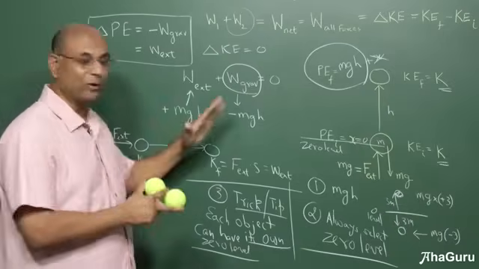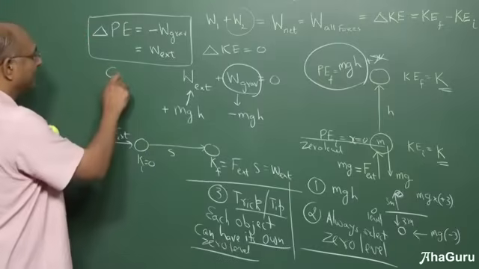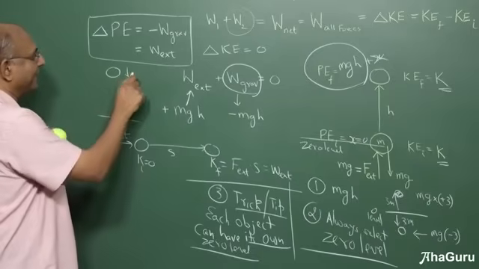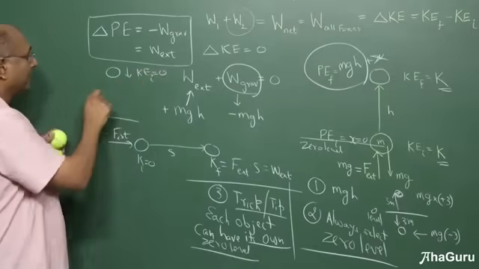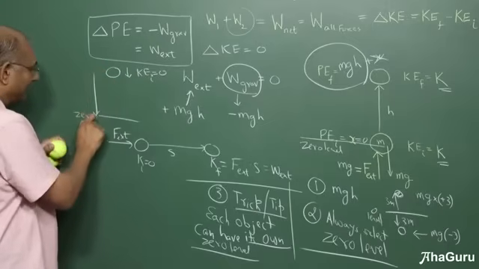Okay, right. So I hope you know how to calculate potential energy. So if I drop an object, at that point it has kinetic energy 0. It has some potential energy, because right now let me say this was the zero level.